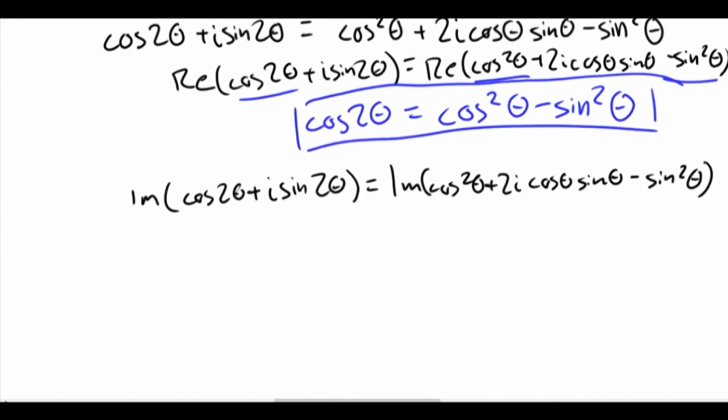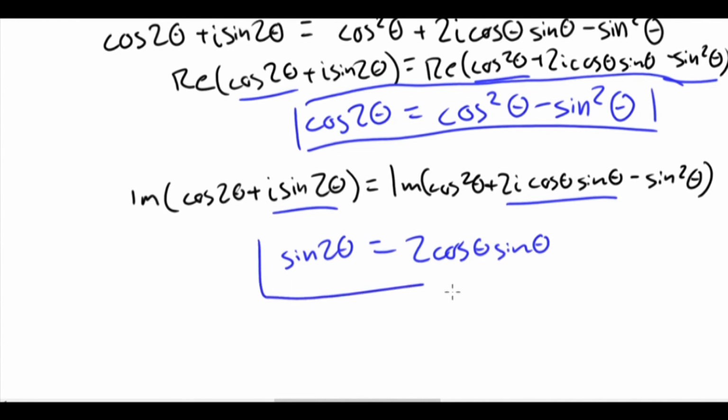And as you've probably already guessed, this is the imaginary part here, sine of 2 theta. And over here, this is the imaginary part, 2 cosine theta sine theta. And that is the other double angle identity.